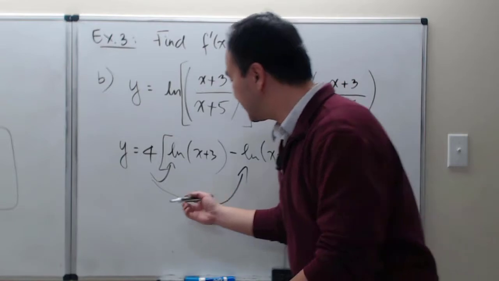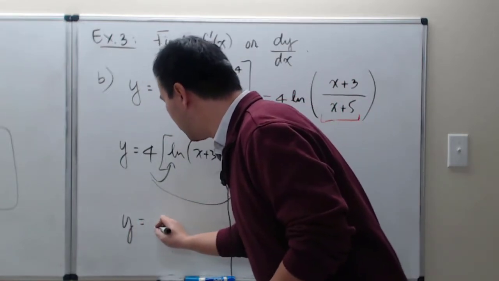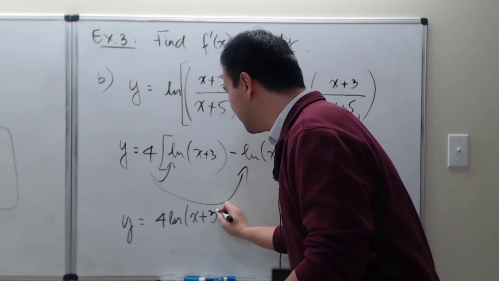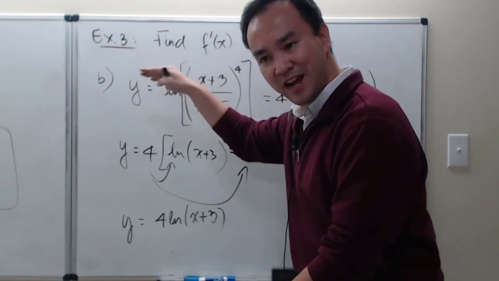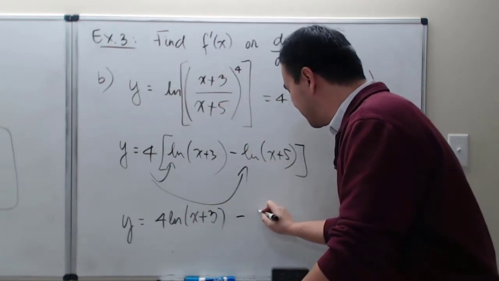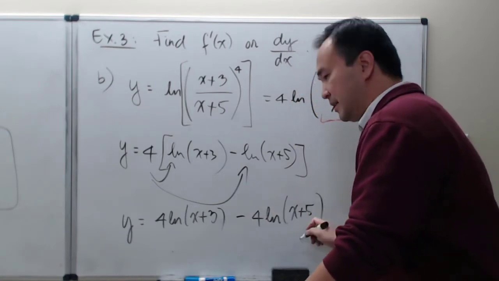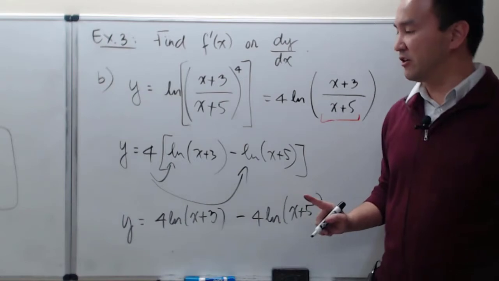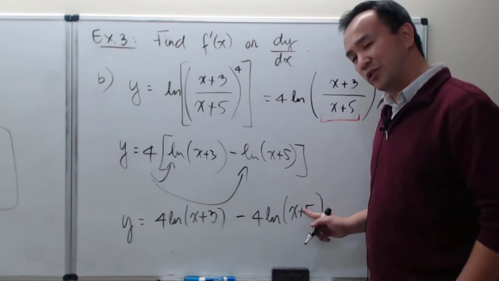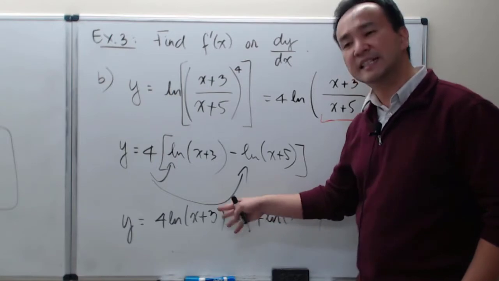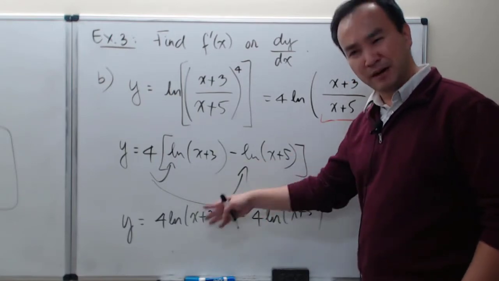So in my next step, y equals 4 times natural log of x plus 3, which can now be done similar to part A of our example, minus 4 times natural log of x plus 5. This is not the derivative, ladies and gentlemen viewing my video. It's only an expression that makes it easy to take the derivative term by term.